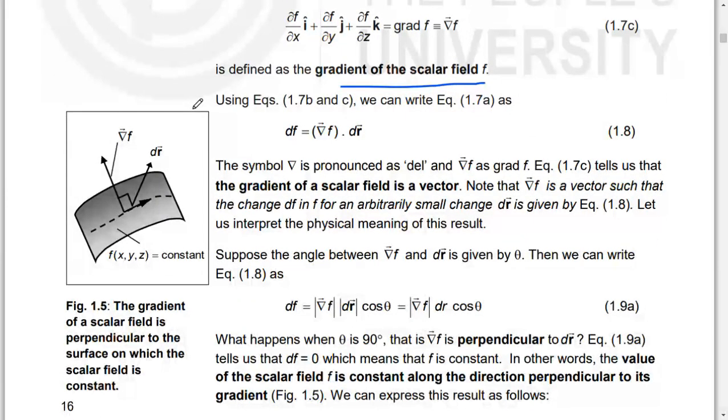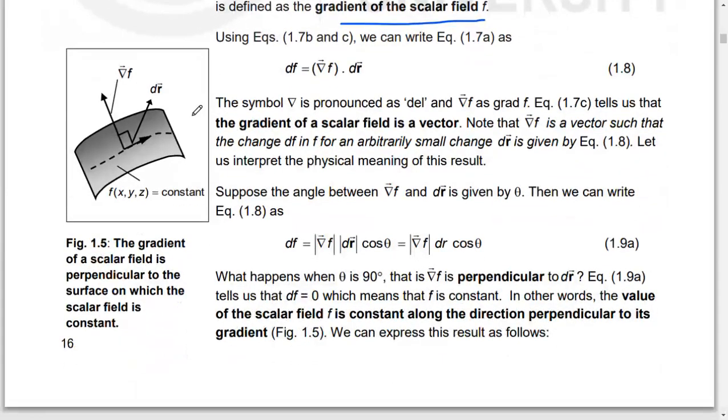Using equations B and C, you can write equation A as df equals del f into dr. The symbol reverse delta is pronounced as del, and del f as grad f.